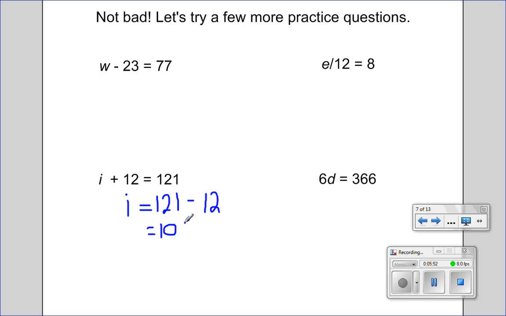And yes, I can certainly check to see if this answer is right. All I have to do, go back to the original equation, sub in 109 plus 12 does in fact equal 121. So this answer is right.